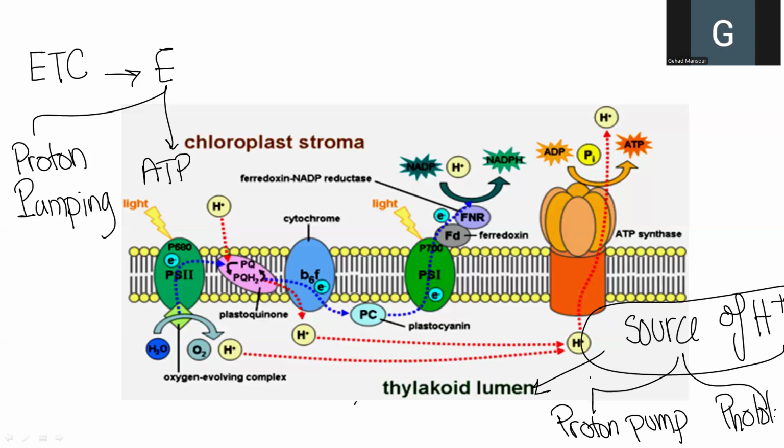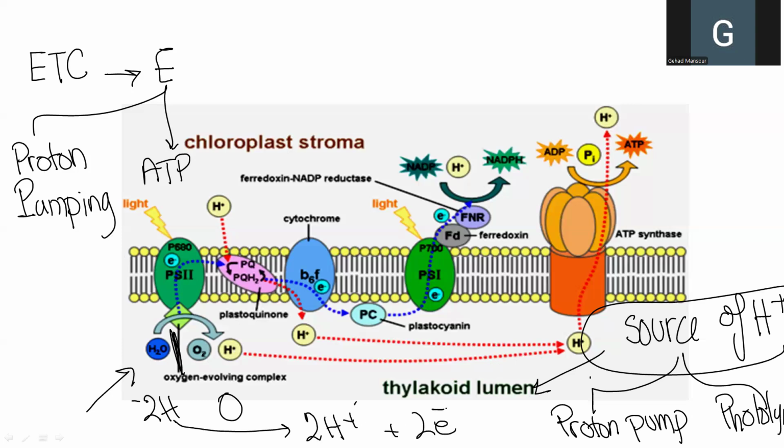Why photolysis? Because the water that lies inside the thylakoid lumen undergoes splitting into hydrogen, as we said before, and oxygen per water molecule, and then these hydrogens will be dissociated into 2 protons plus 2 electrons. So photolysis of water is another source of hydrogen ions.